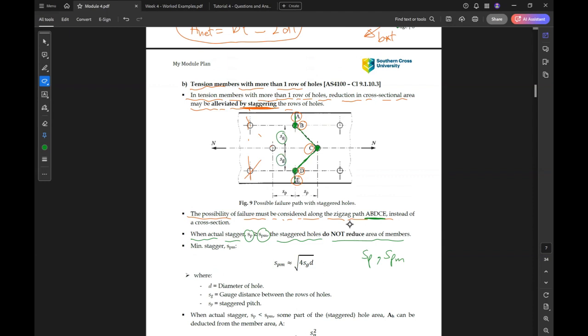This is, let's say, the vertical, if we have an x-axis and y-axis. So g is the spacing in the vertical direction, and we have s in the horizontal direction. So g and s are spacings between staggered holes.